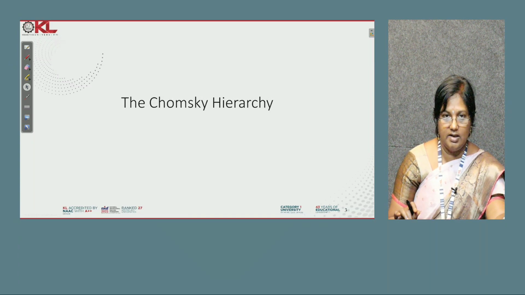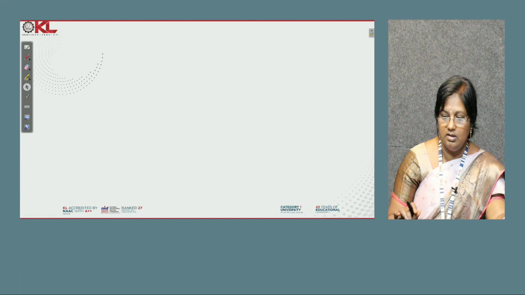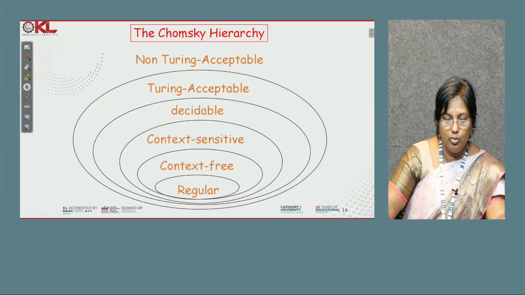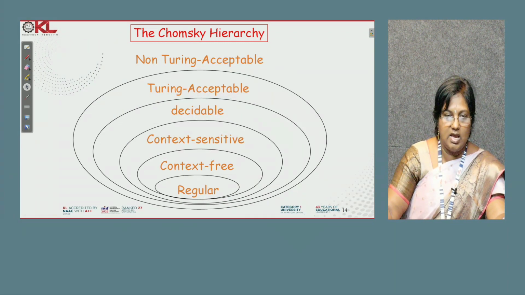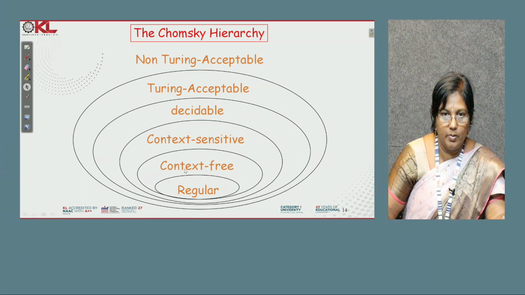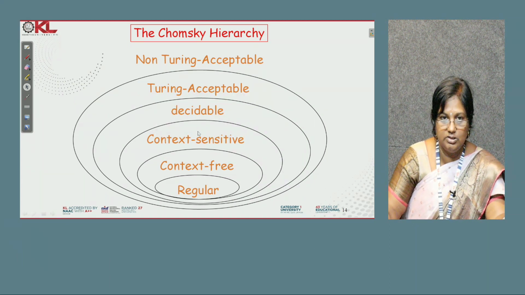Let us see the Chomsky hierarchy. What is the Chomsky hierarchy and how are languages accepted by grammars? So let us see here the diagram of the Chomsky hierarchy. Then we can discuss the linear bound automaton. Here we can see the regular language, context free language, context sensitive language, and then decidable, Turing acceptable and non Turing acceptable.